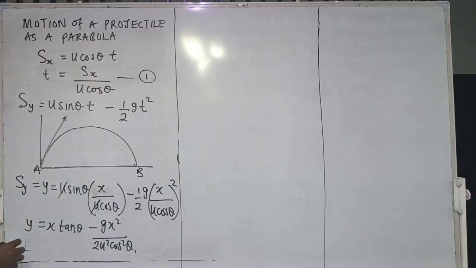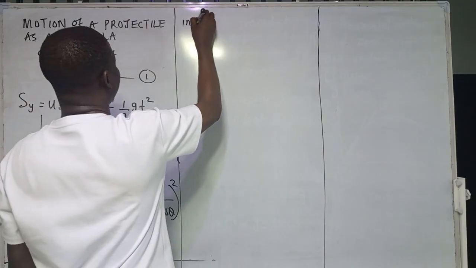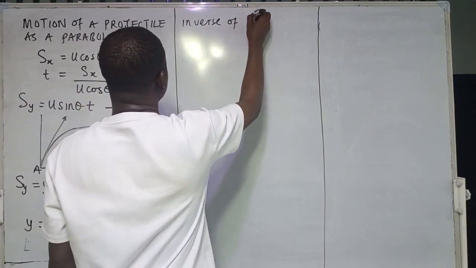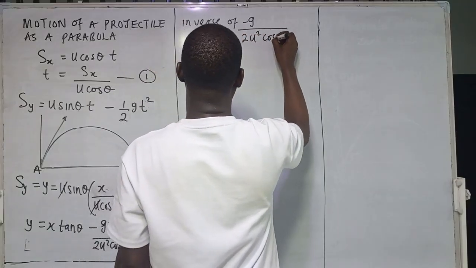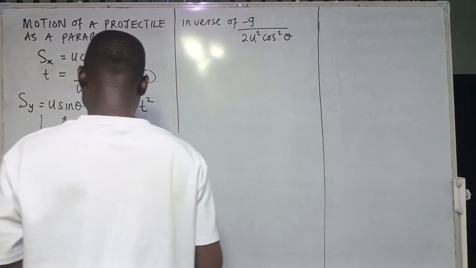But remember, I want to remove the coefficient of this, the inverse of minus G over 2U square cos square theta. I want to make S stand alone.